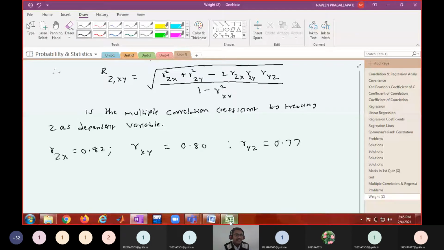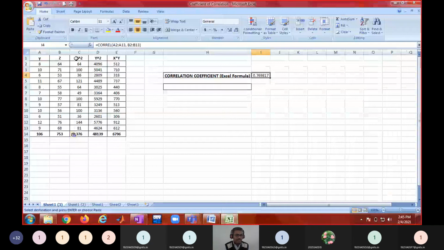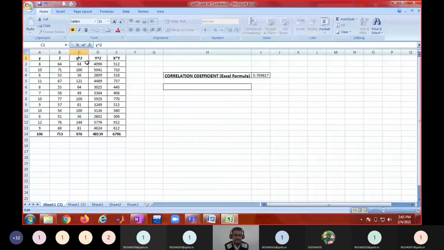So this is y square. This is z square. This is y into z. This is y, this is z. Okay, so this table corresponds to y and x.